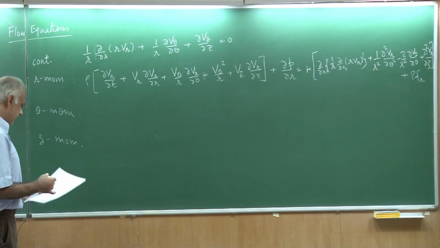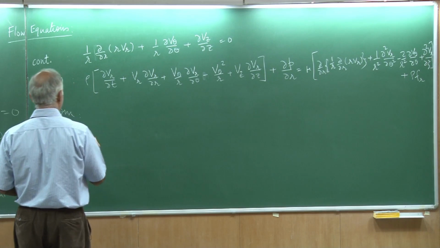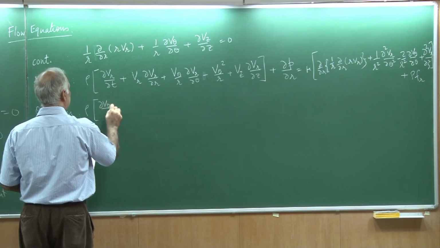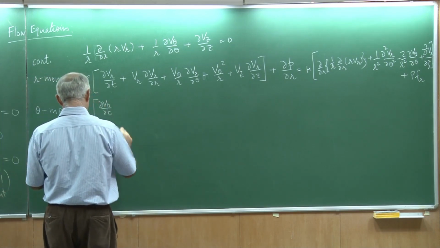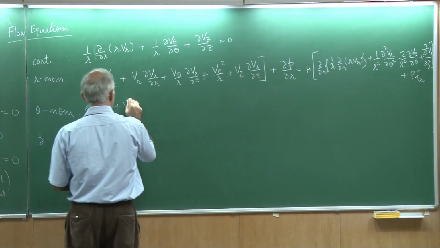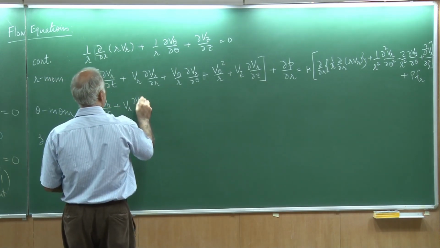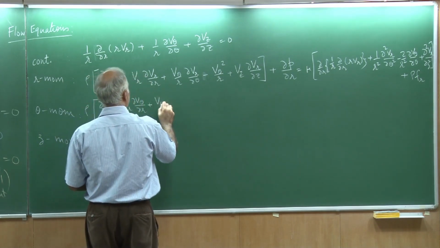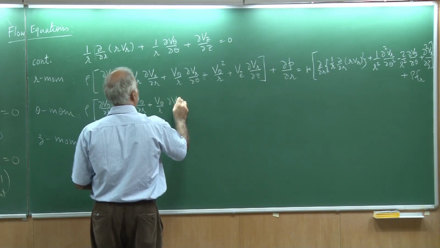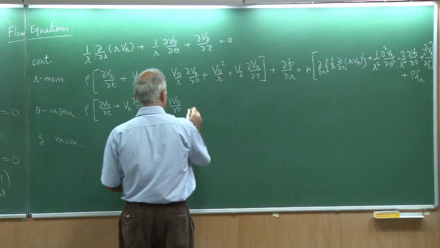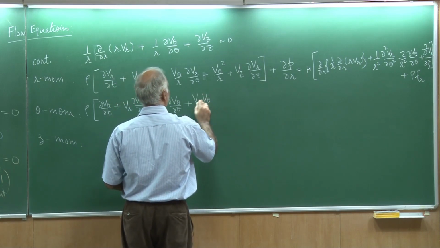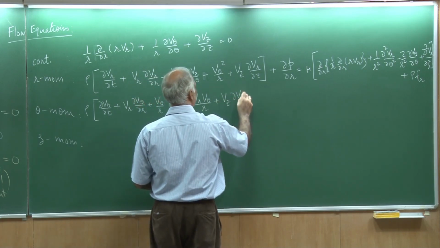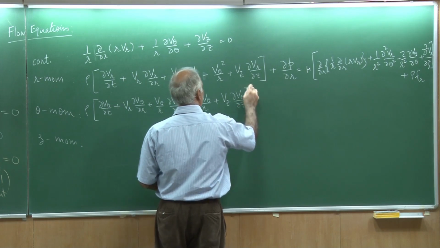We wrote this last time as well. And then I have the theta momentum equation, which is very similar. So first the time derivative del V theta by del t, followed by the convective term, which is Vr del V theta by del r plus V theta by r del V theta by del theta plus Vr V theta by r plus Vz del V theta by del z.